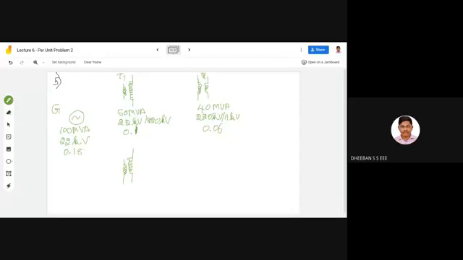So this will be T3, rated for 40 MVA, 22 kV. The stepped up voltage is 110 kV and the leakage reactance is 0.065, followed by a fourth transformer.